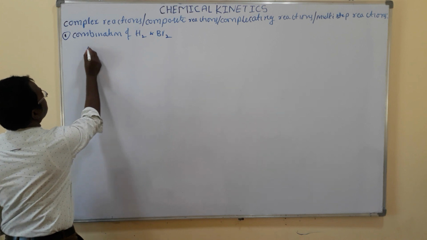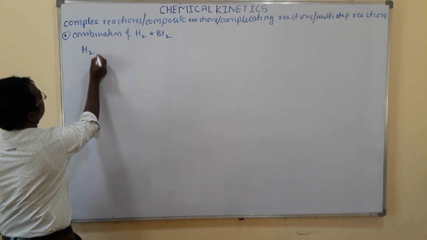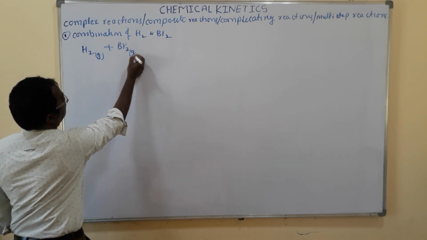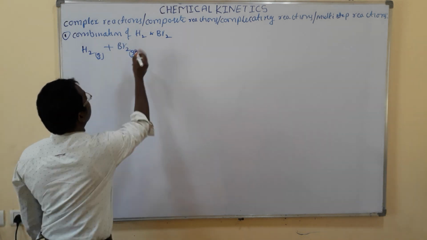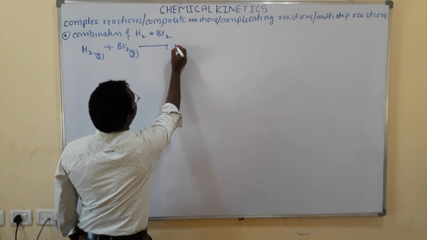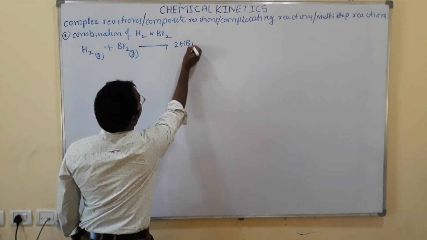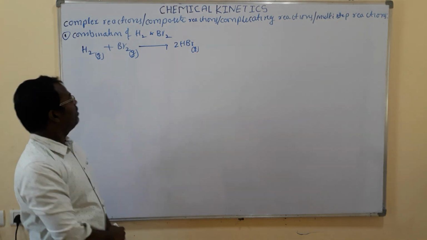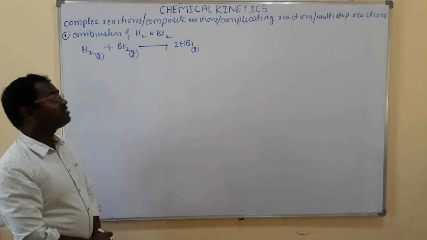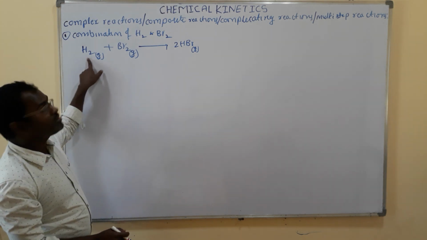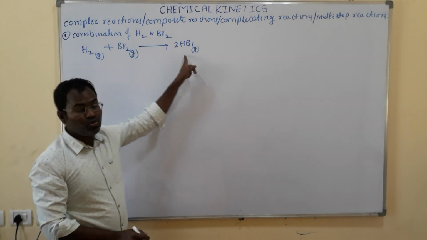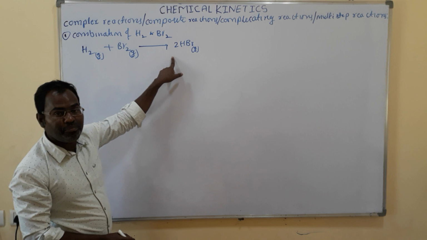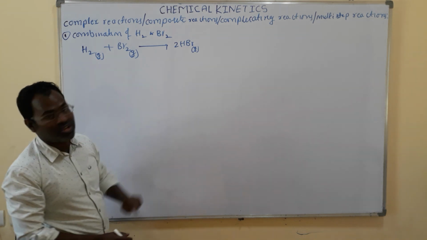In the gas phase, H2 gas combines with Br2 gas, and we get 2 moles of HBr, which is also a gas. This is an example of a complex reaction. This reaction looks like a simple reaction, but it is not.